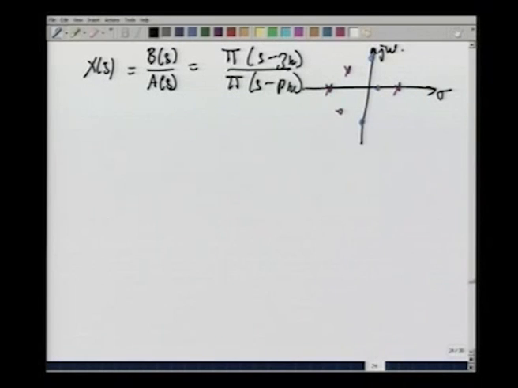Furthermore, we will have the ROC of the entire function given, and it is left to us to decompose the ROC into components and match them against the individual partial fraction parts.